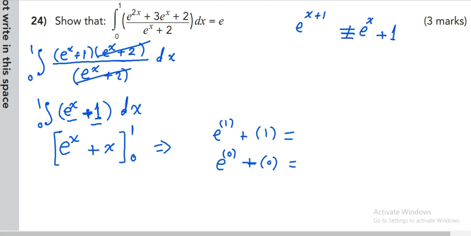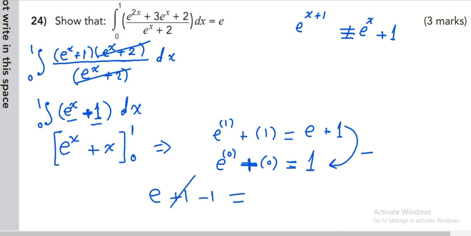The value of this part in which we substituted by 0 does not equal 0, it's equal to 1. So we can't cancel this part. If we subtract this part minus this part, it will be e plus 1 minus 1 equals e, equal to the right hand side.